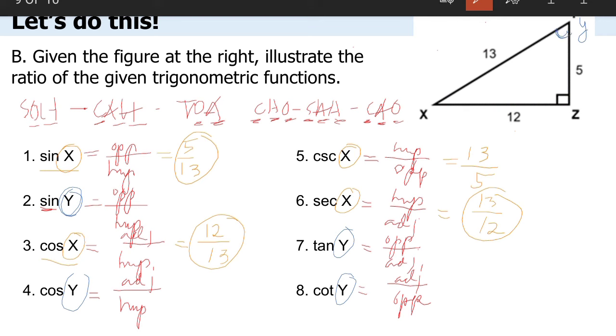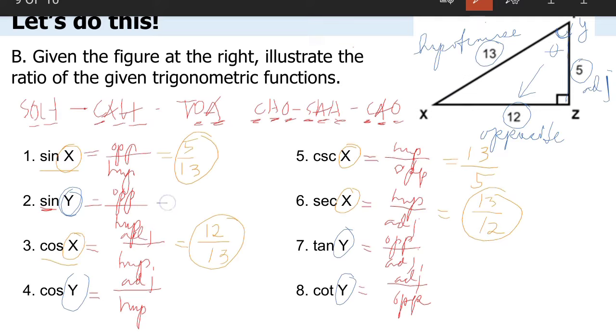If this is your reference angle, theta, what is opposite to it? Opposite is 12. And then adjacent is 5. And again, the hypotenuse is the longest side, so 13 is the hypotenuse.